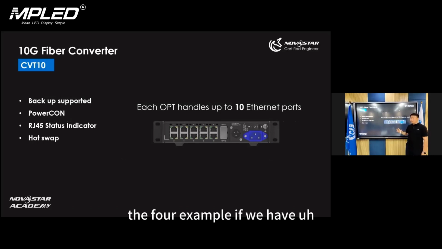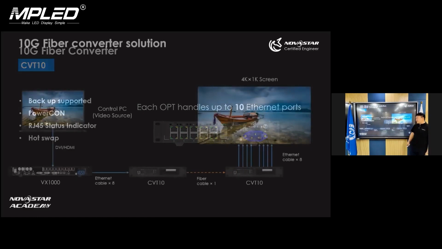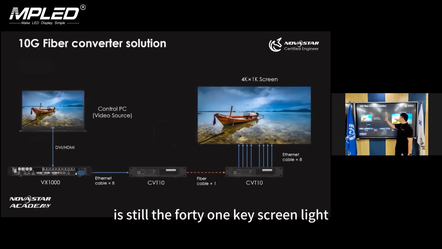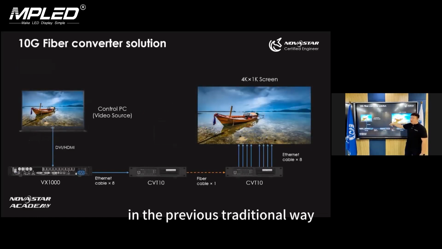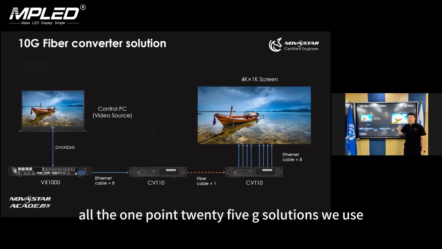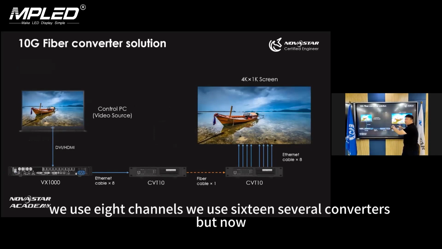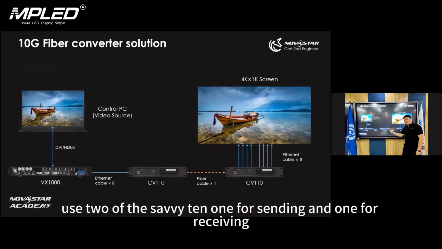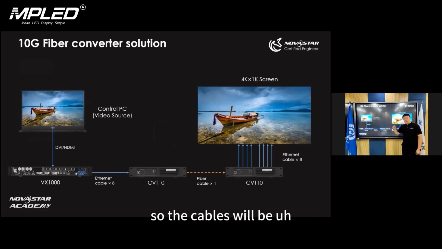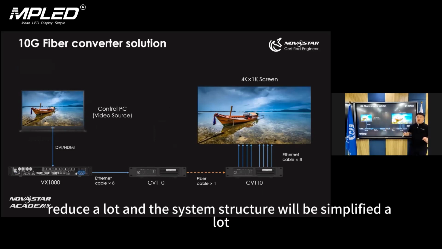So for example, if we have a structure like this, still the 4K 1K screen light, in the previous, traditional way, or the 1.25G solutions, we use 8 channels. We use 16 fiber converters, but now we just use 2 of the CVT10, one for sending and one for receiving. So the cables will be reduced a lot, and the system structure will be simplified a lot.